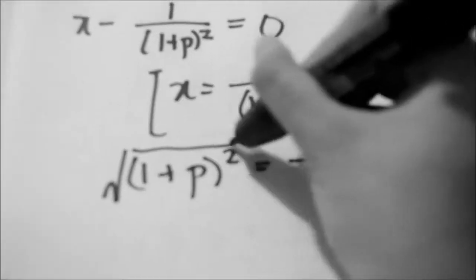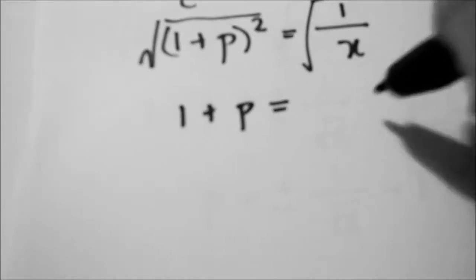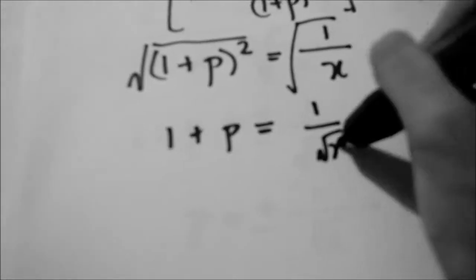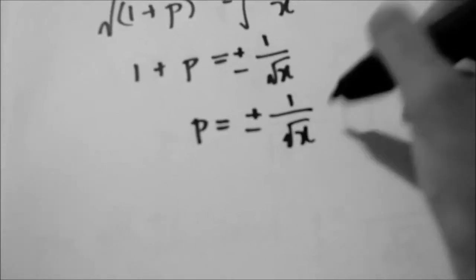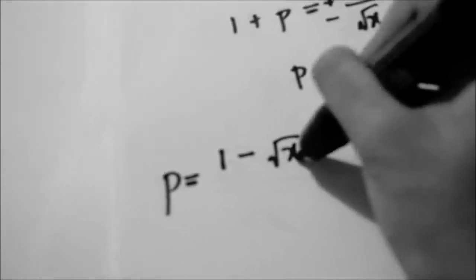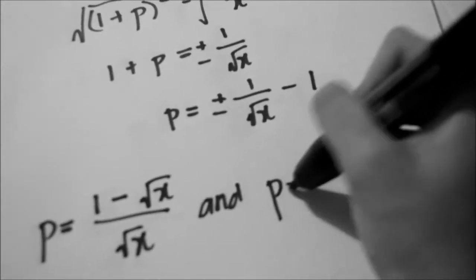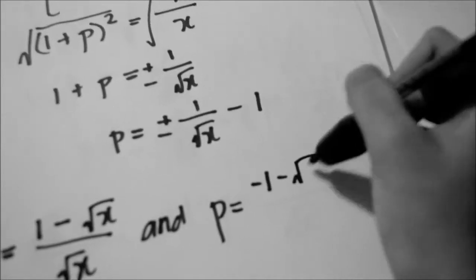Square root both sides, we will get 1 + p = 1/sqrt(x). Transpose 1, and we can simplify this further. So p is equal to (1 - sqrt(x))/sqrt(x), and p is equal to (-1 - sqrt(x))/sqrt(x).